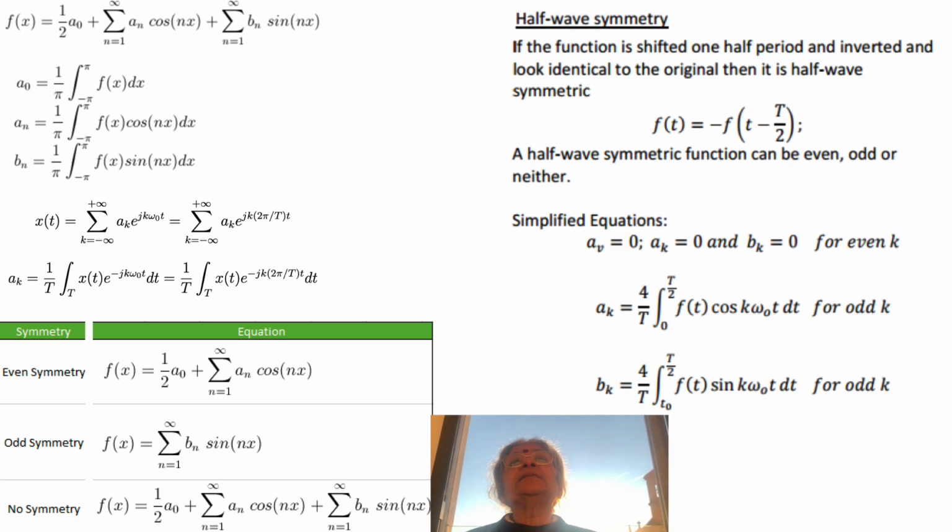But there's another symmetry which is of more use, which is the half-wave symmetry, wherein you can shift the signal by half the period. Period is very important, because it just tells us where the repeatability is going to set in again. Once you shift the entire waveform by half the period, then if you reflect it, you get the same signal. So that is identical.